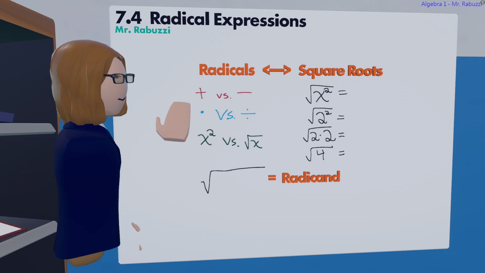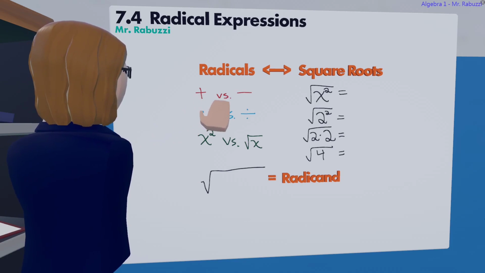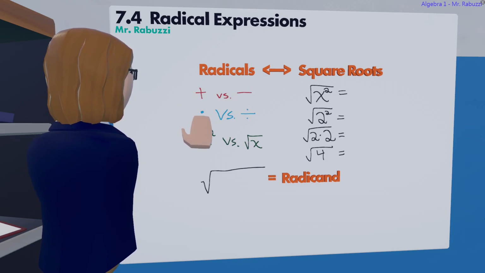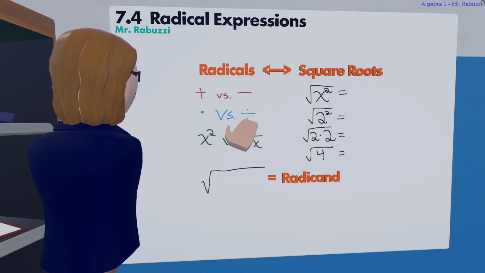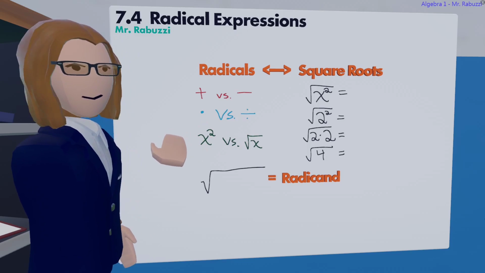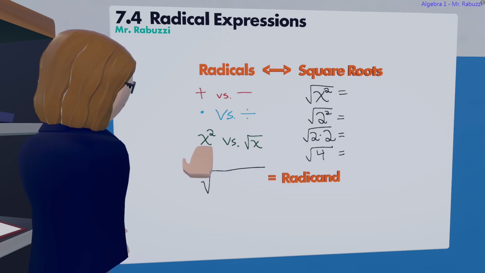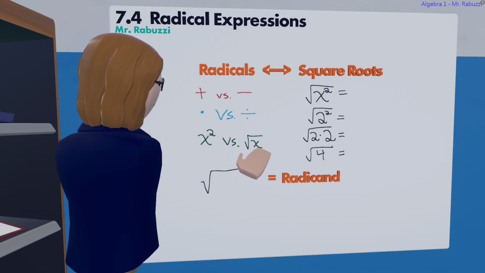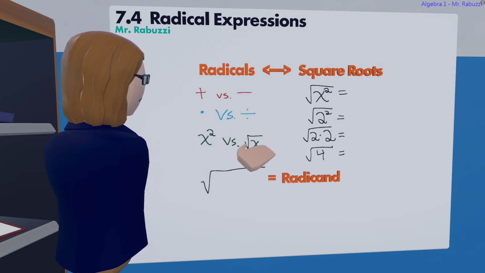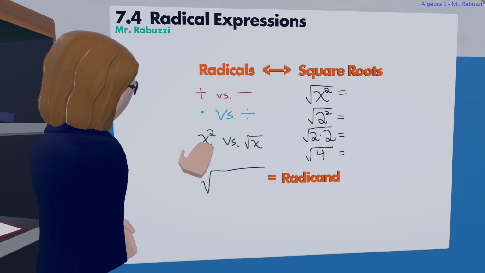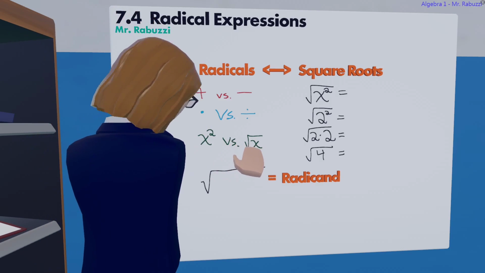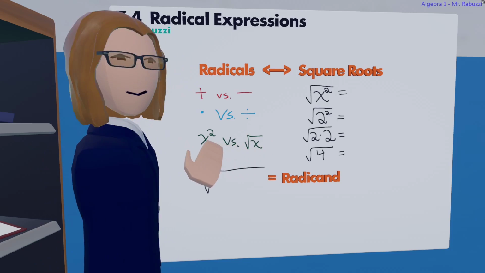Well, let's start at plus and minus. Plus versus minus, they're opposites, right? Multiplication versus division, these are also opposites. So when we get down to x squared versus square root of x, these are opposites. So the exponent is the opposite of the radical.